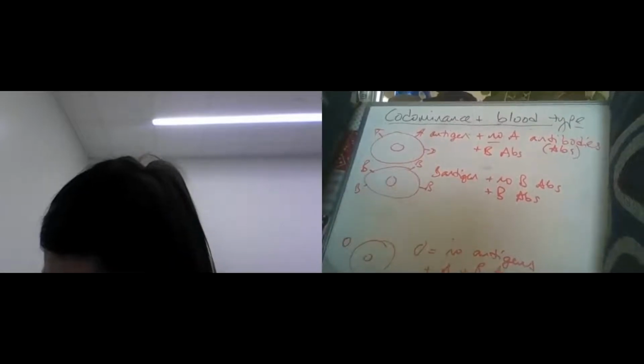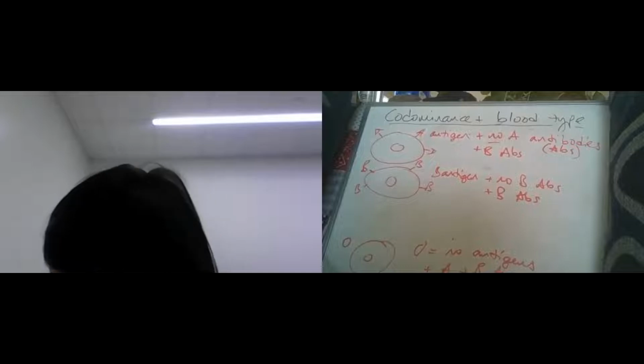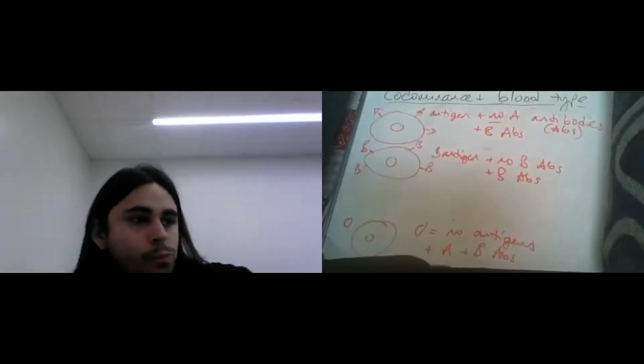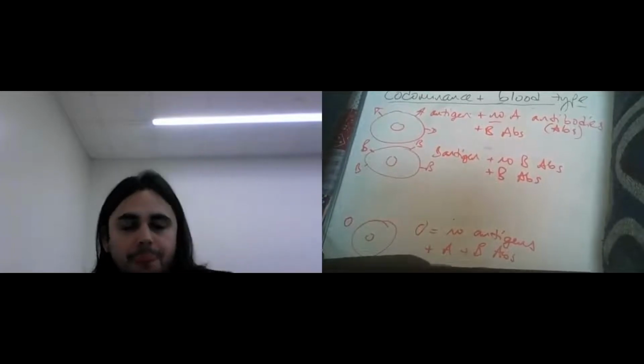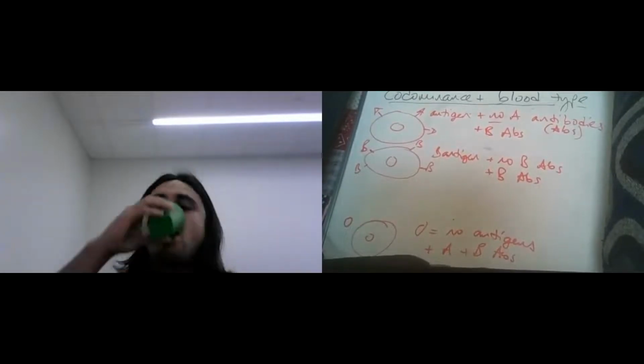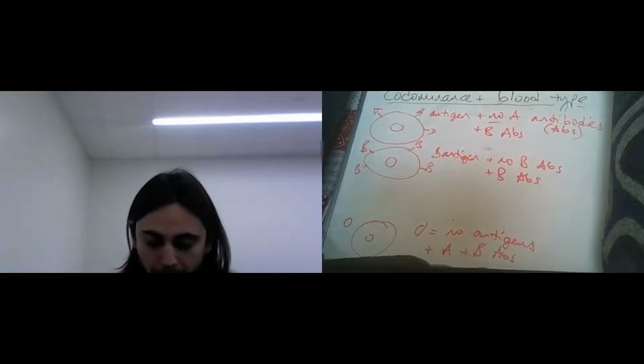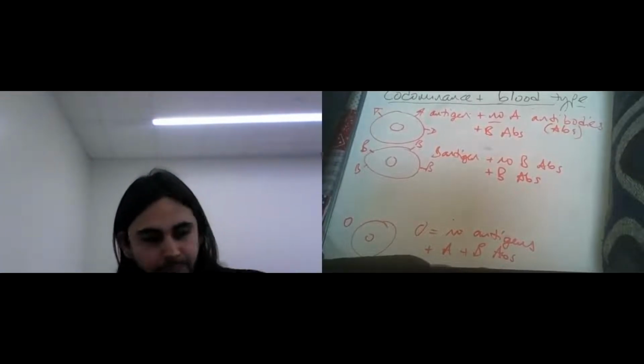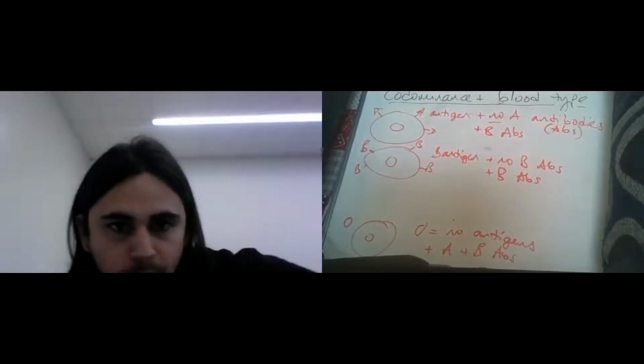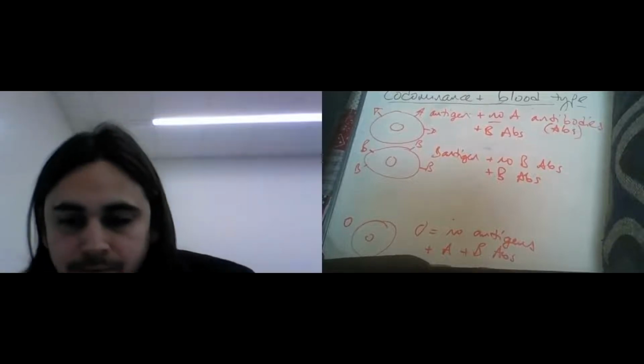So if you're an O individual, that's great for everybody else. It really sucks for you though, because it means that you can't accept blood from anybody other than an O type donor. Isn't that crazy? So O is the universal donor because it doesn't have any antigens. So that blood will not react with anybody, right?